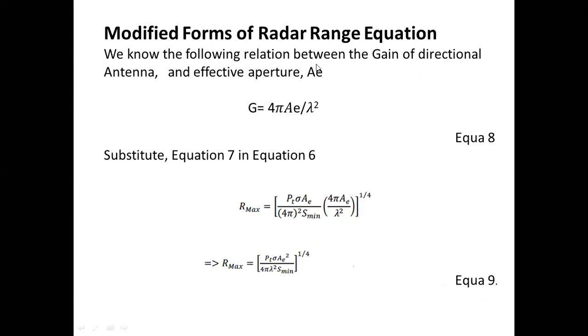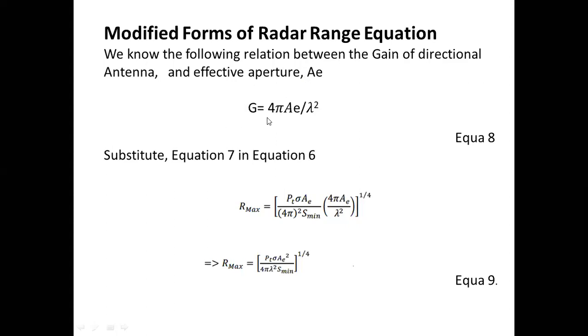We know the following relation between the gain of a directional antenna and effective aperture. Most probably, whenever we transmit the signal, it is transmitted towards the target side exactly. It depends upon the power and gain of the antenna.